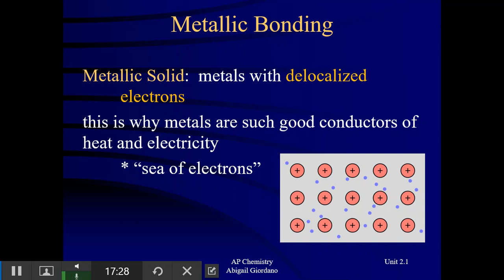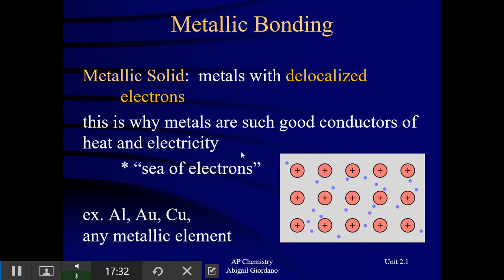Because charge can flow like water. So any metal on your periodic table is going to have a structure like what you're seeing in that picture there.